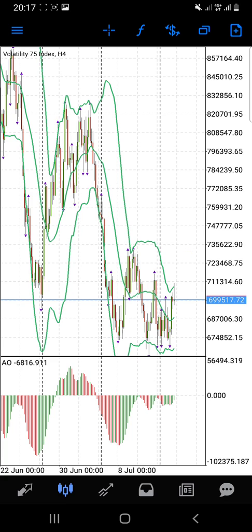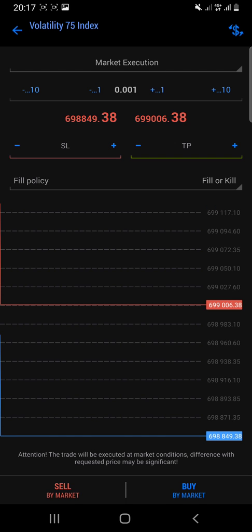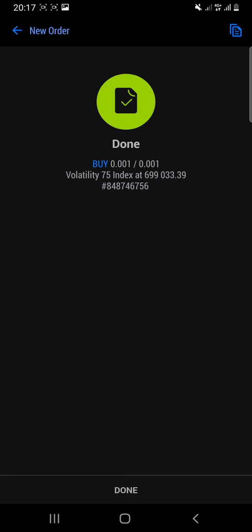So let me show you guys quickly how to calculate pips on this volatility 75 index. Firstly, what you're gonna do is this. Let me say I want to enter a position now, like I'm gonna enter a buy position just for illustration purpose. Okay, buy.